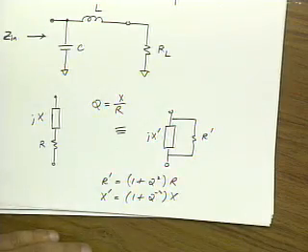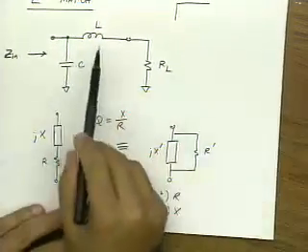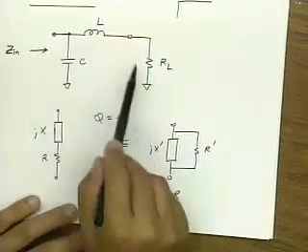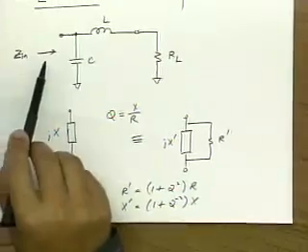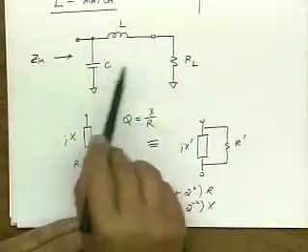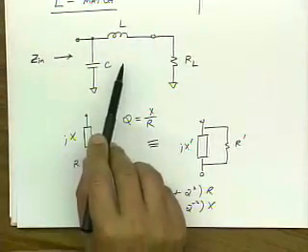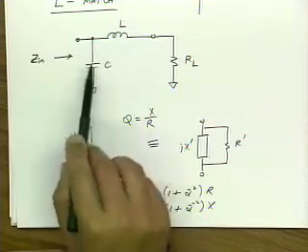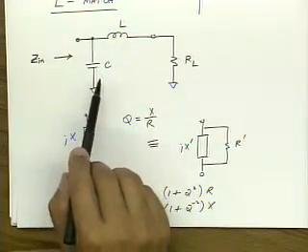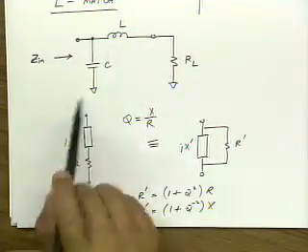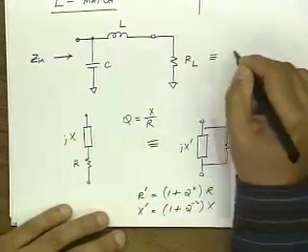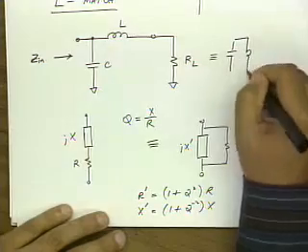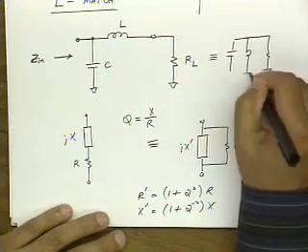Okay? So now if we look at this circuit, it would be really nice to analyze this. If I want to find Zin, it would be nice if I could make this a parallel RLC circuit. Then, if I want to synthesize a real input impedance, I can make the L and C resonate, and I'm just left with a parallel R. So let me transform this into this circuit.